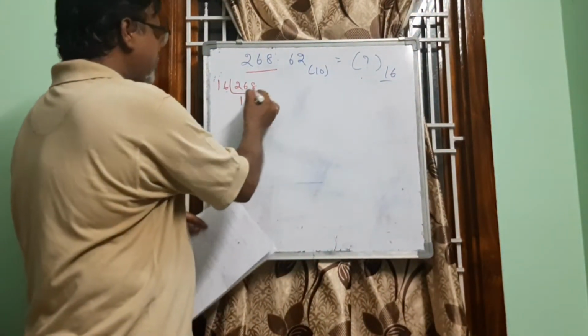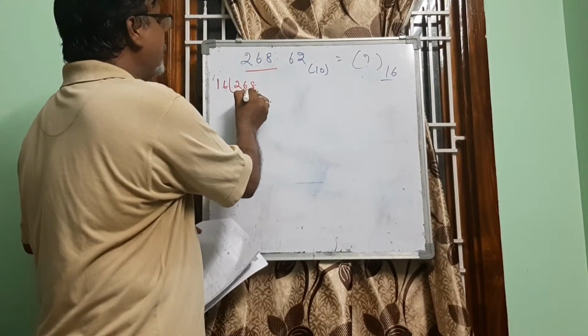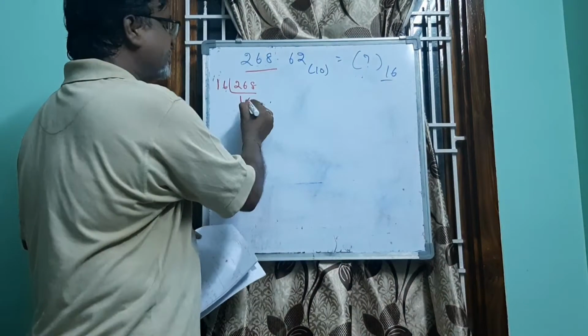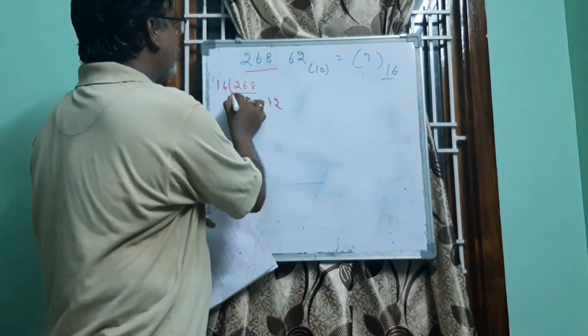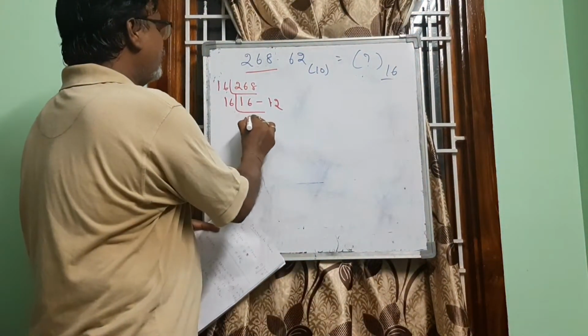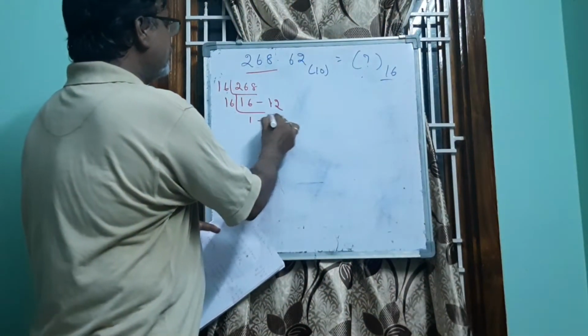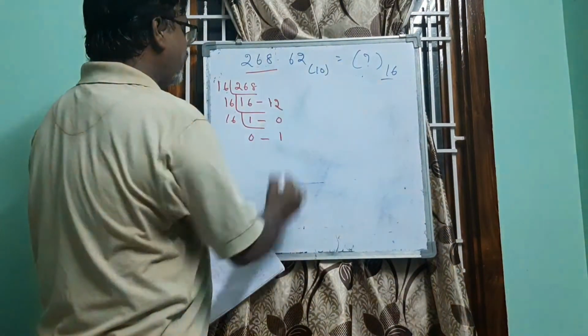So 16 ones are 16, and here the remainder will be 10, total 108, 16 6s 96. So 12 will be the remainder, 16 ones 16, 0 will be your remainder, 16 zeros, 1 will be your remainder.